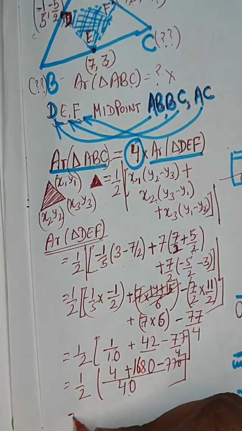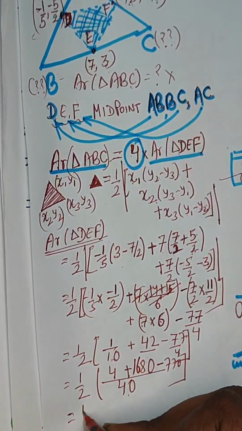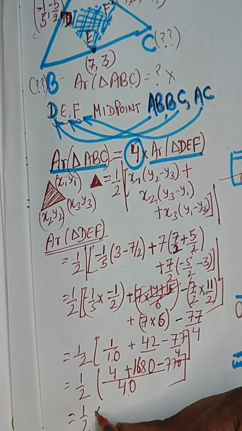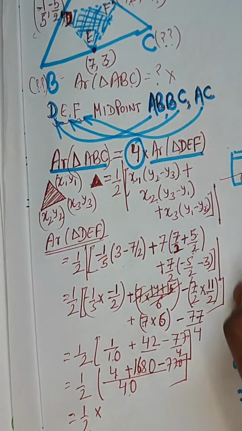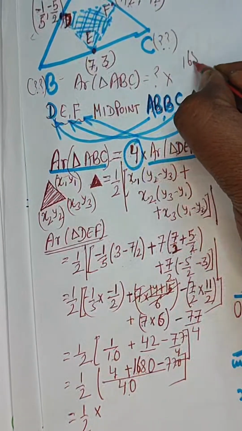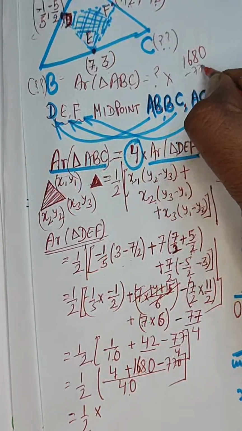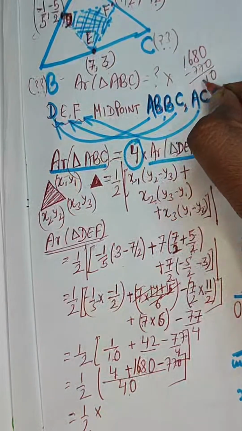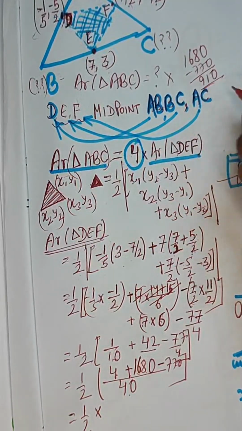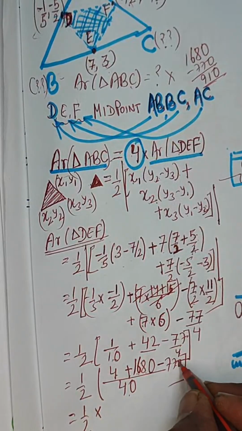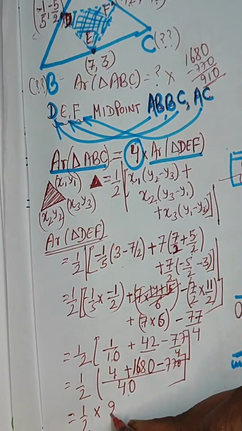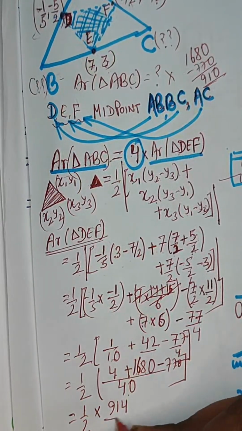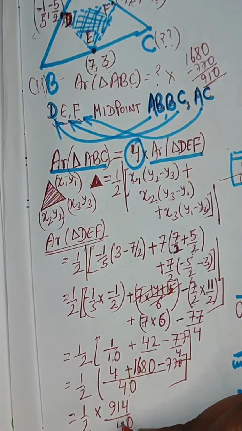This is coming as equal to half of, when you just subtract 1680 minus 770, it will become 910. So 910 plus 4, so it becomes 914 divided by 40.